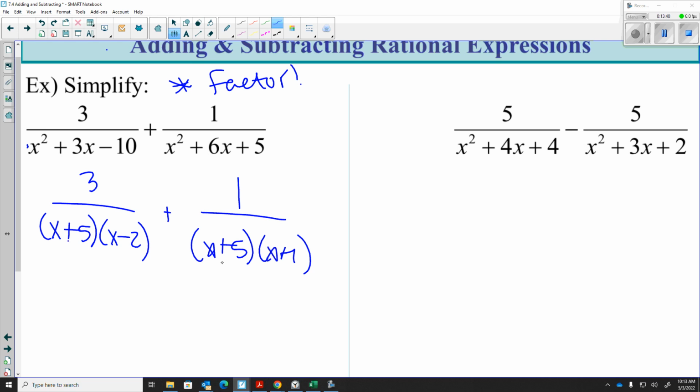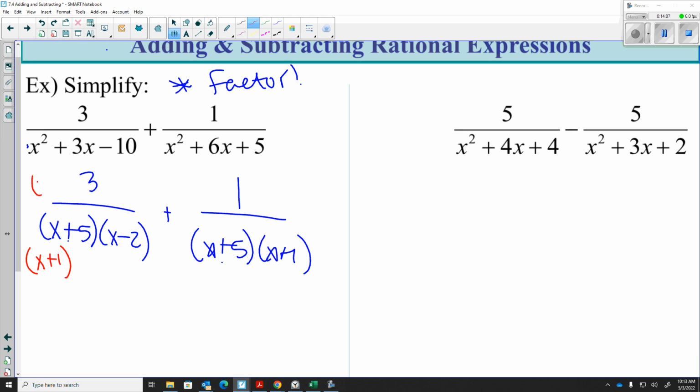In order to make them match now, you just need to multiply by whatever the other one's missing. So you're still going to multiply them by each other, right? So what do you need to give this one in order to make it match? X plus 1. What do you need to give this one? X minus 2. So I'm going to run out of room here. I'm going to multiply this one by x plus 1.